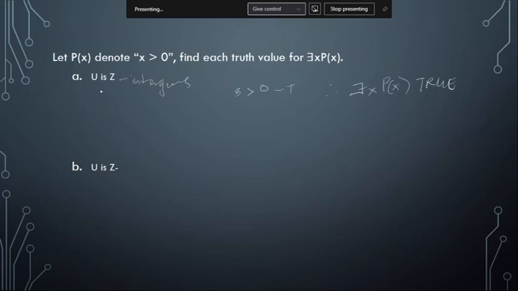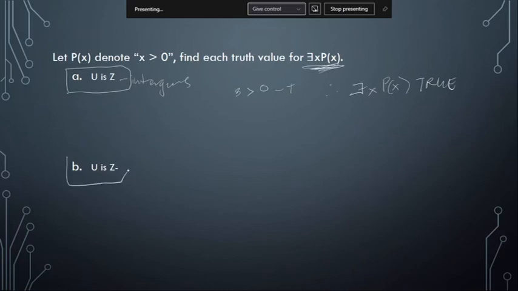So in this example, p of x returns a value of true, and this quantifier, or this proposition, returns a value of true.